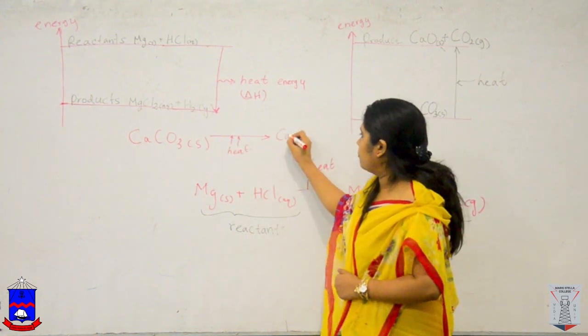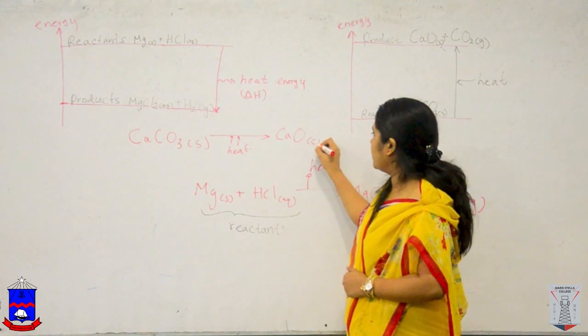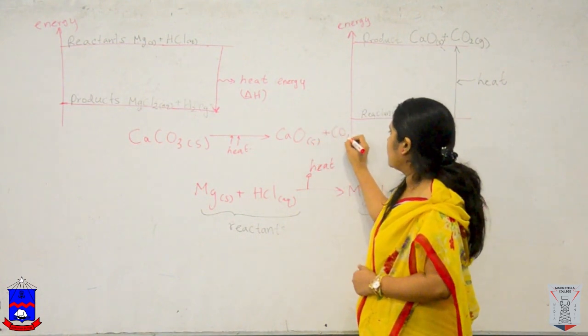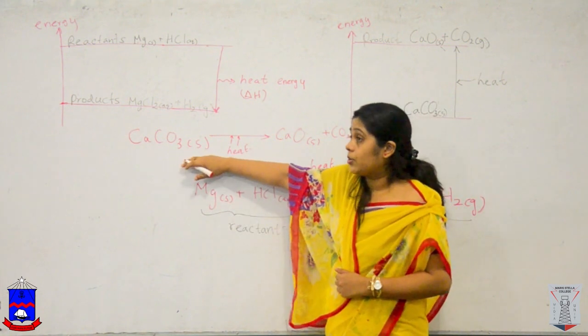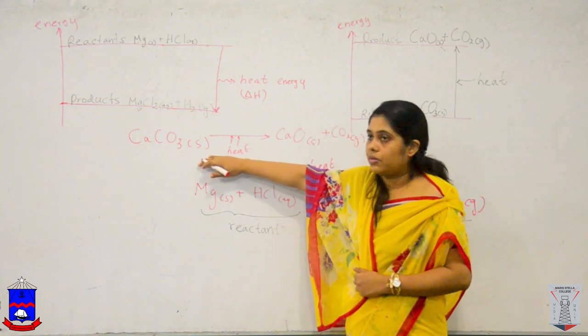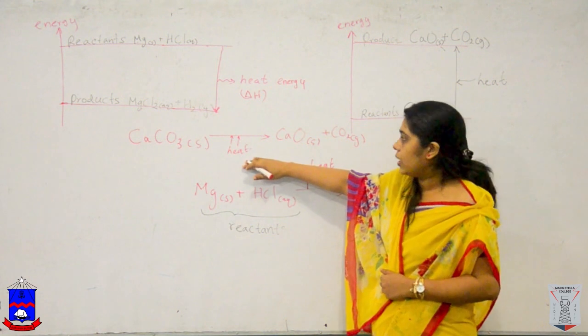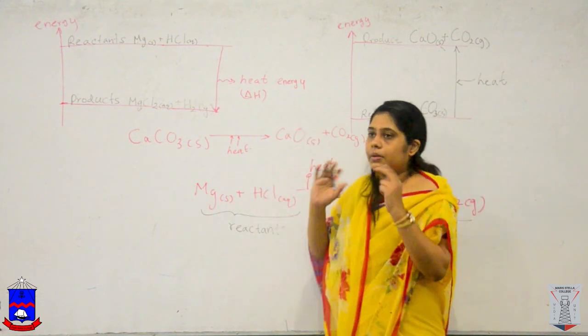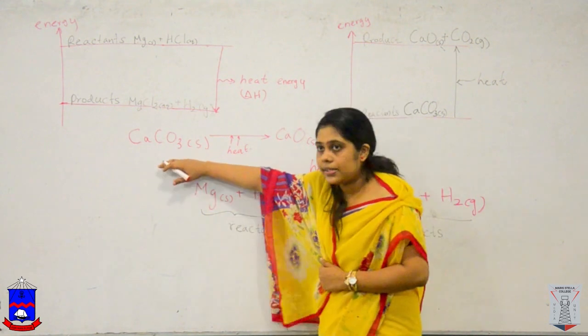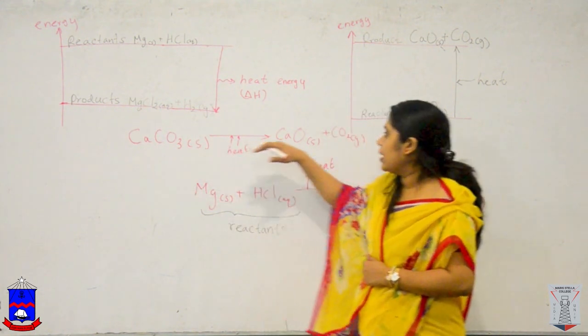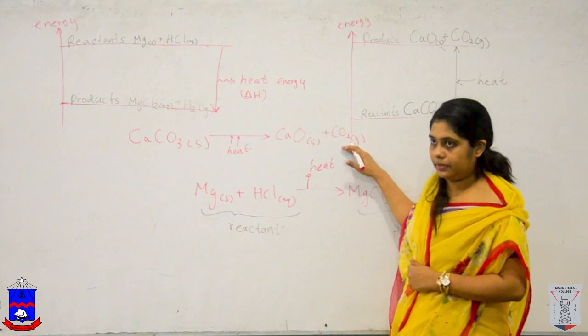Calcium carbonate forms calcium oxide solid and carbon dioxide gas. When you draw the enthalpy or energy level diagram for this reaction, you know that extra energy is absorbed by the calcium carbonate to form calcium oxide and carbon dioxide.